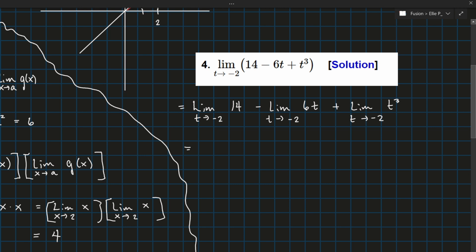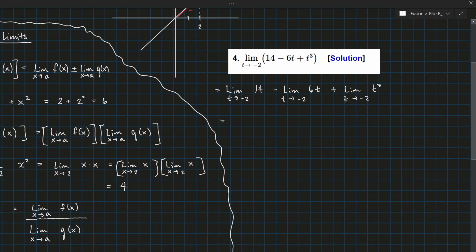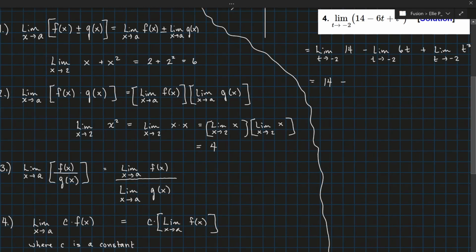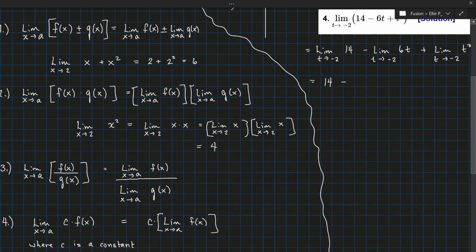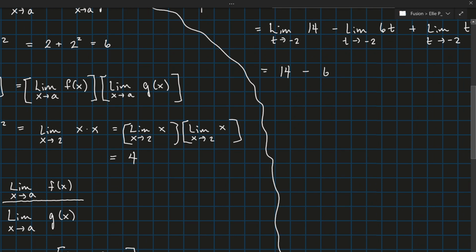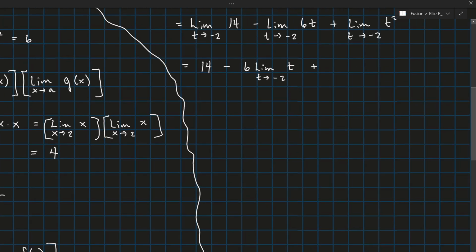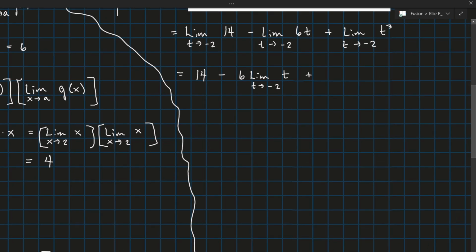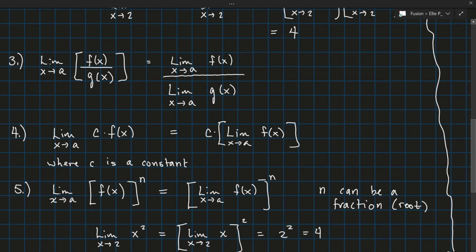And then, for this one, we can use the property that the limit of a constant is equal to itself, so that's just 14. Minus, well, the constant multiple, because we're applying all the rules, right? So the constant multiple, we pull that out. So it'd be 6 times the limit as t goes to -2 of t. Plus, and then we can use the power rule, the n power rule, right?